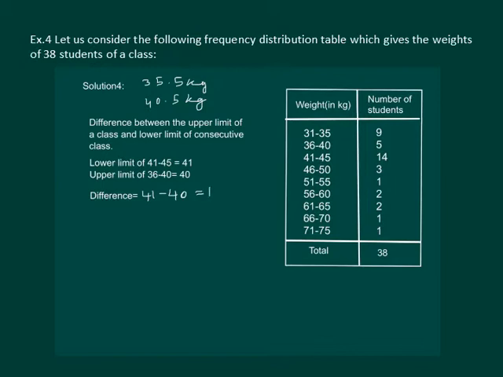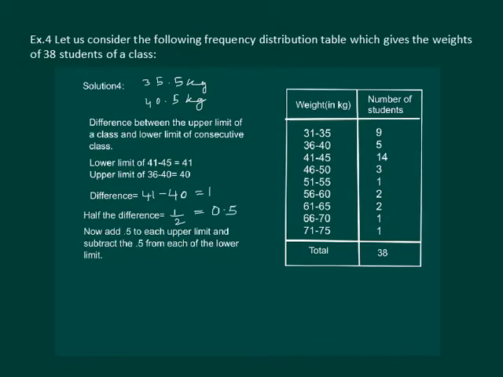Then find half of the difference. 1 by 2, that is equal to 0.5. Now add 0.5 to each of the upper limit and subtract 0.5 from each of the lower limit.